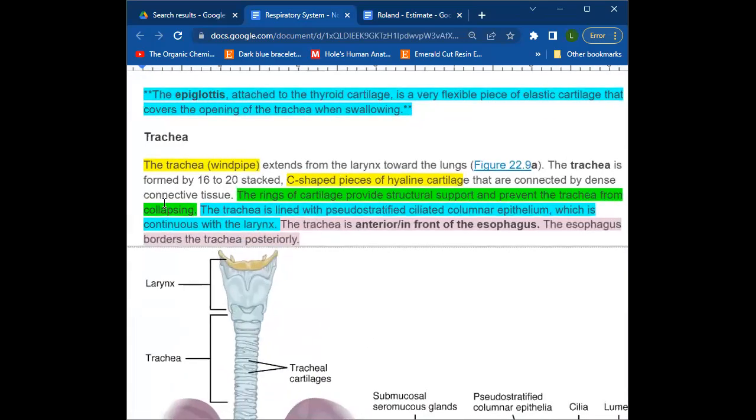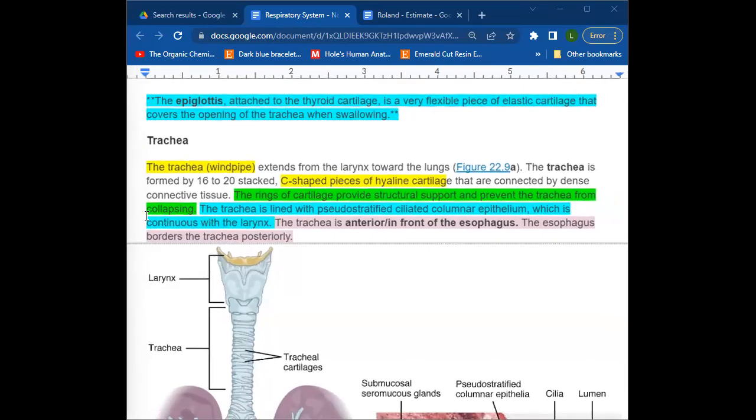Okay, next let's take a look at the trachea. So the trachea is supposed to be the windpipe. That's our common name for it, but technically it's supposed to be the trachea.